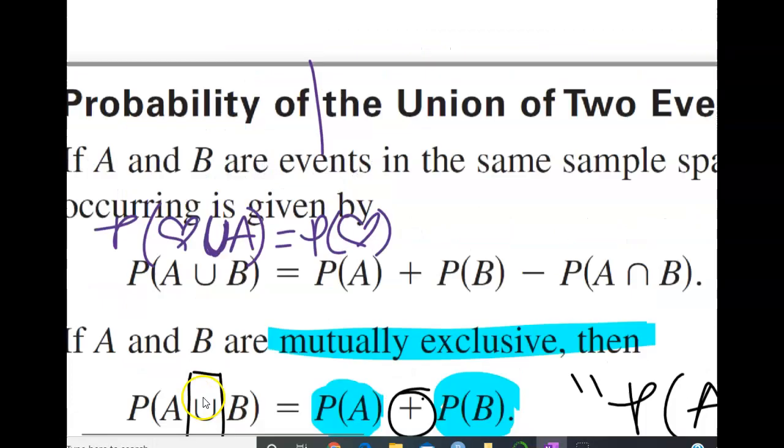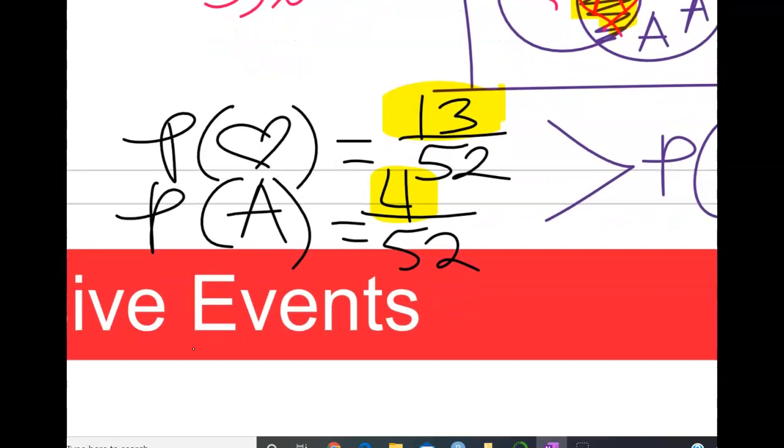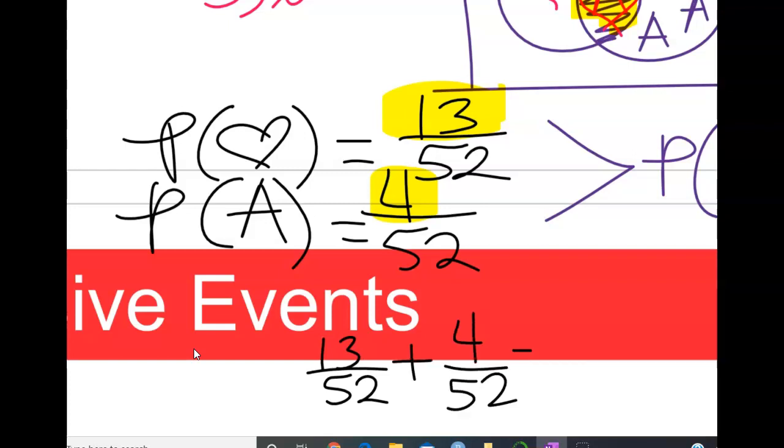So we wouldn't just simply add them, because if we add the 13 over 52 with the 4 over 52, we will have an extra one. So that will be wrong, and that is because they are not mutually exclusive.